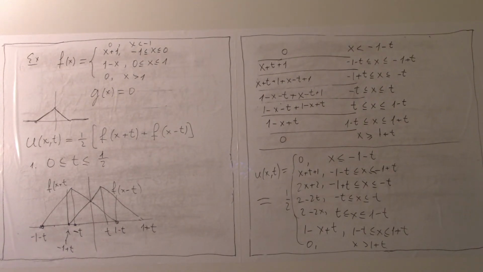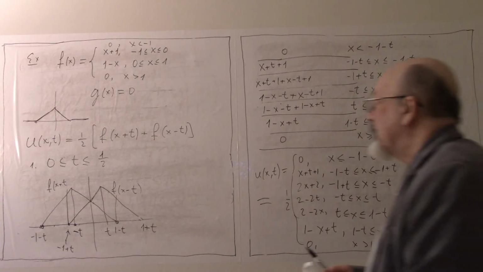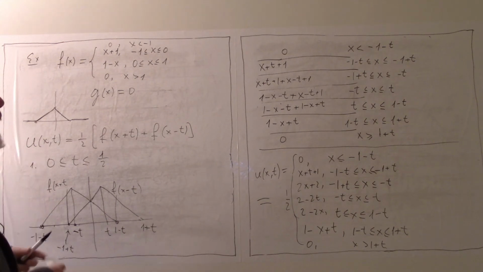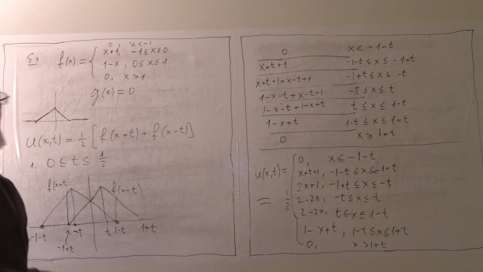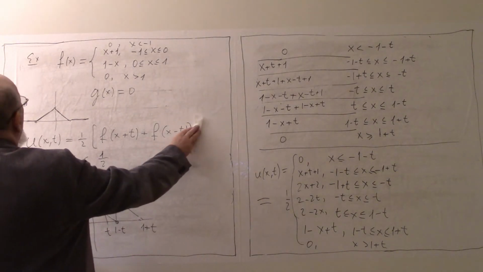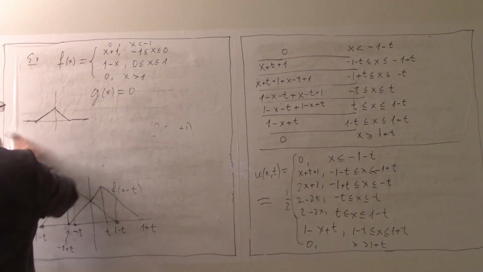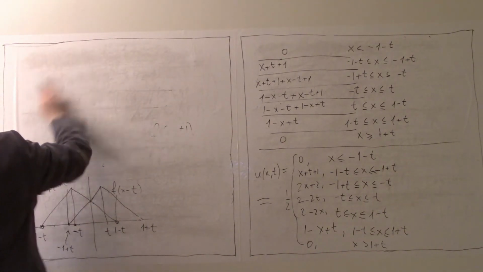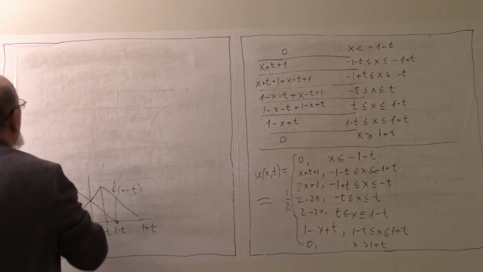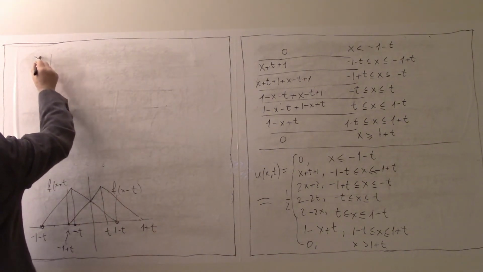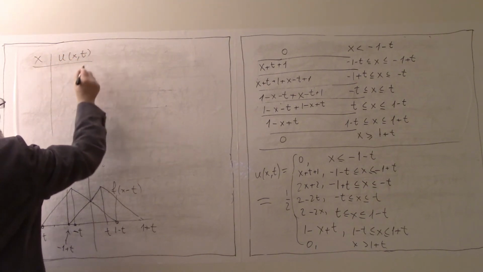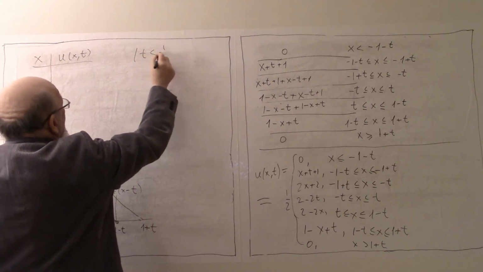Now, how to imagine this? You have to draw the characteristic points and depict all these points here. To this end, let us make a table: x and u of x, t, for t less than 1/2.